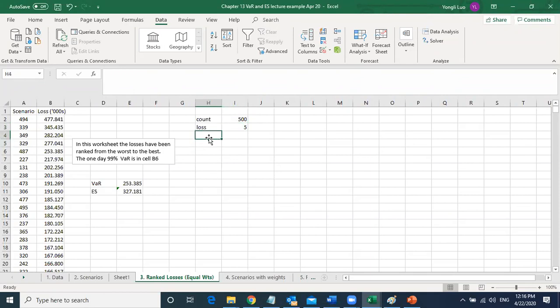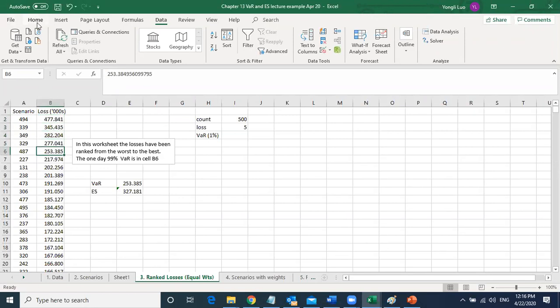The 99% VaR, or 1% VaR, is the fifth largest loss. 1, 2, 3, 4, 5.